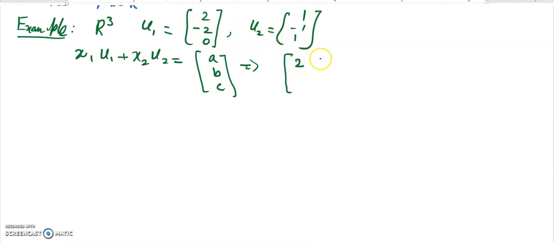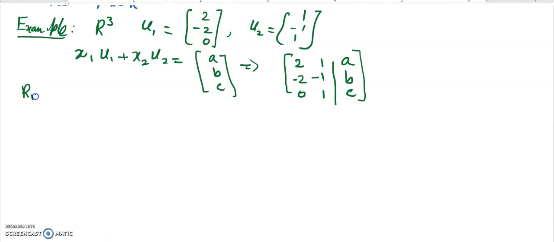So it will be 2, 1, A, and then minus 2, 0, B, and then 0, 1, C. So now we try to reduce this form into some echelon format.